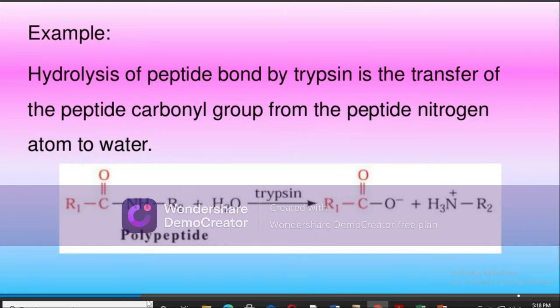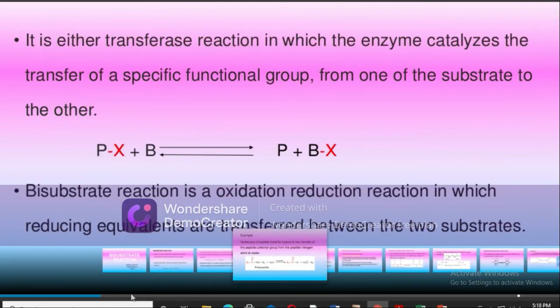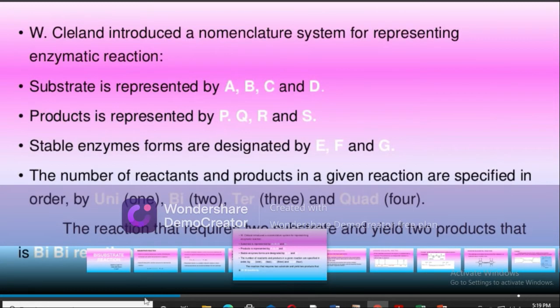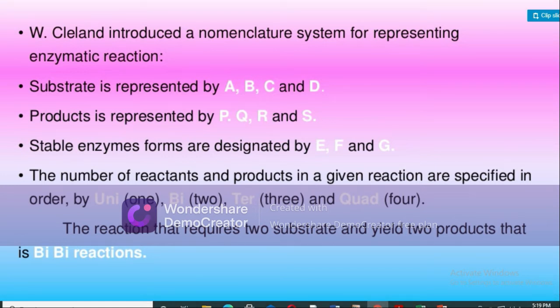Okay, then the next one. Cleland is a scientist who introduced the nomenclature system for representing enzymatic reactions in bi- or multi-step reactions.